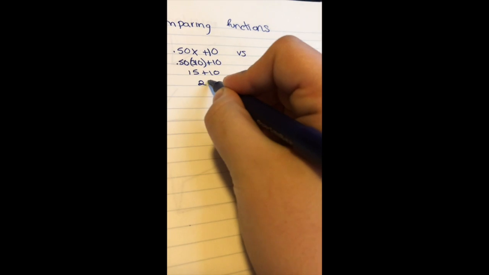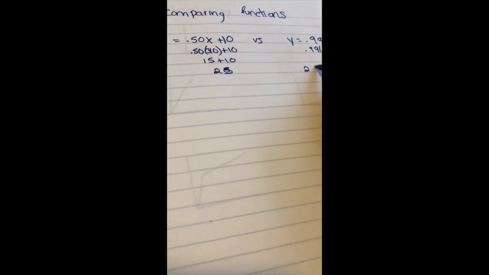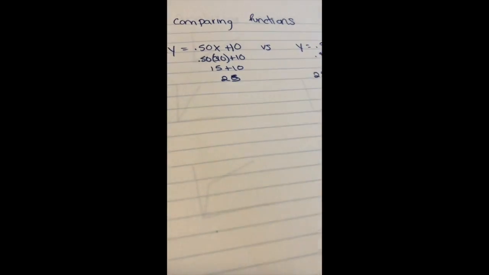We're going to add 10, and that is 25. And then we are going to do 0.99 times 30 and end up getting 29.7. So Josh's service, this is Josh and this is Maggie, Josh's service is actually cheaper than Maggie's service, $25 versus $29.70.